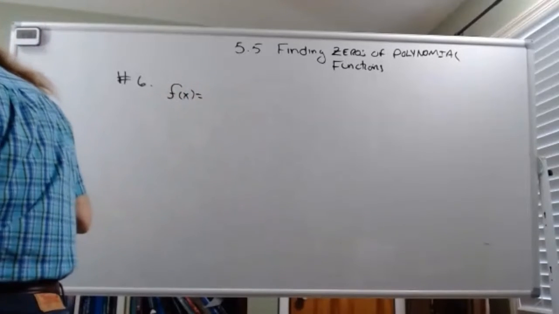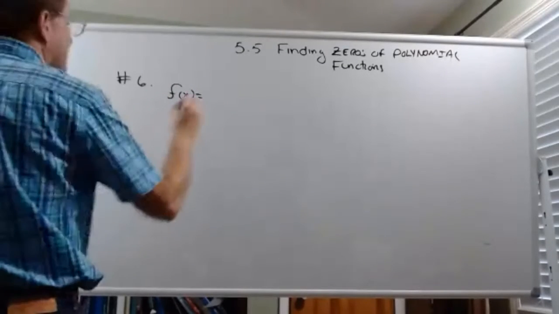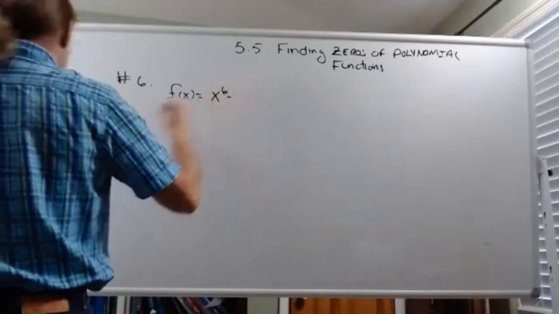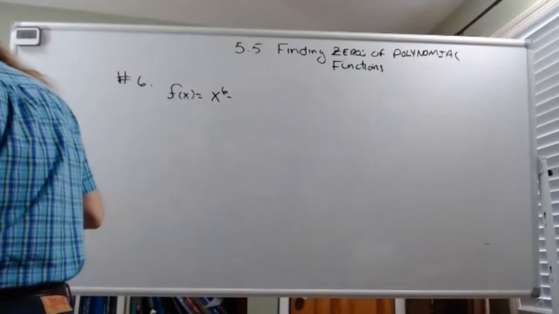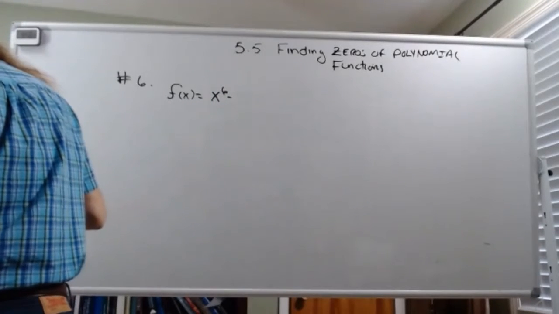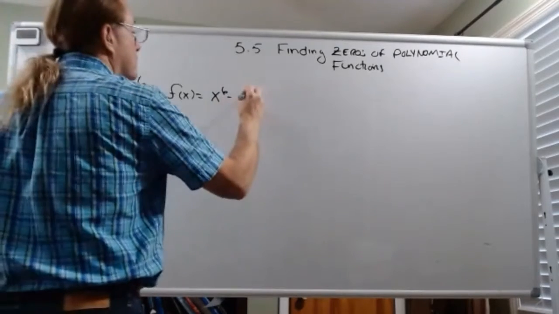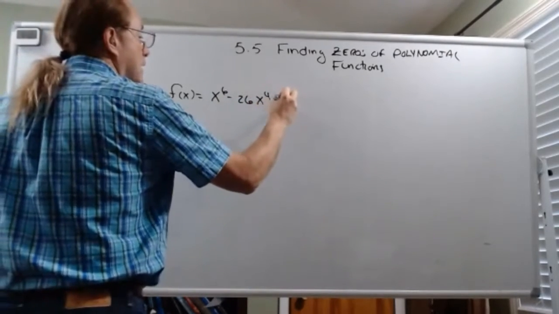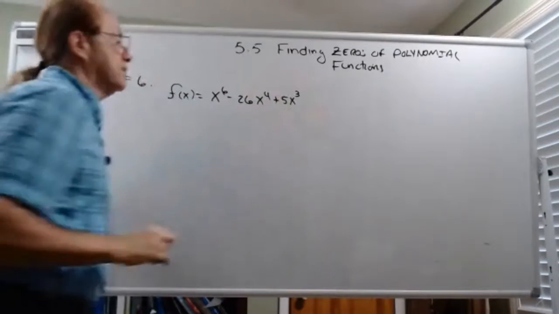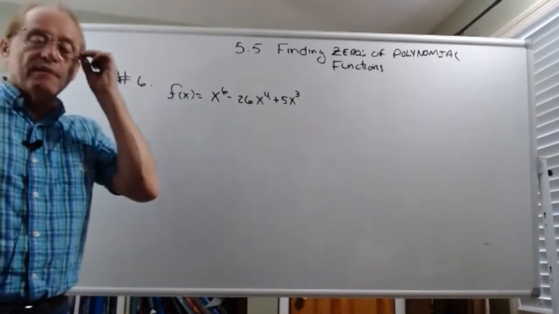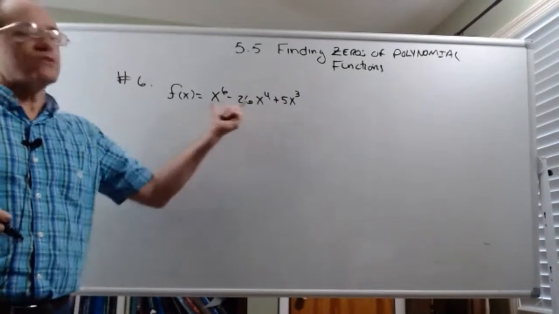f(x) is equal to x to the 6 minus 26x to the 4th plus 5x cubed. Now, how would I start approaching this? Well, I might go to the graph, but I notice here factoring is always good.